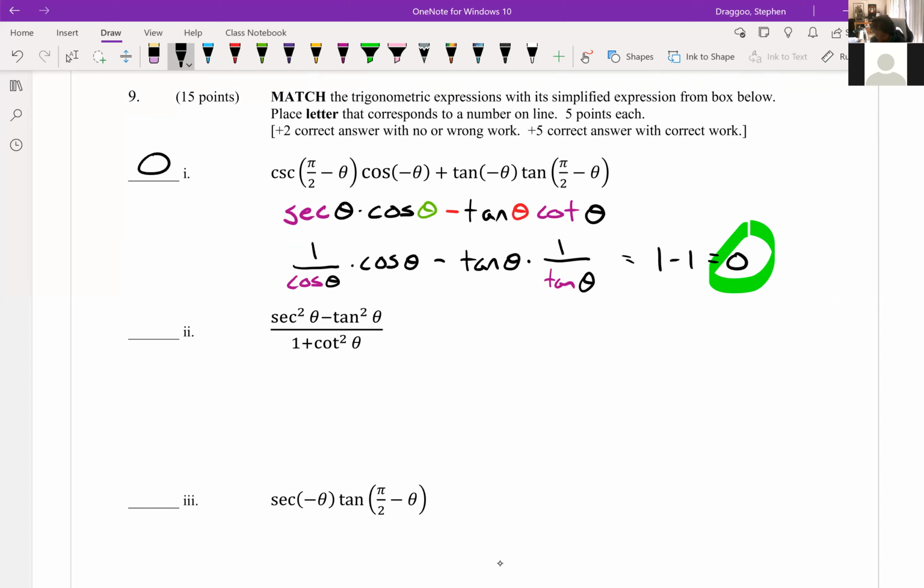All right, up next. Looks like we've got a few Pythagorean identities going on. So if I look at that thing, 1 over secant squared minus tangent squared, that's a Pythagorean identity. It's equal to 1 over 1 plus cotangent squared, which is cosecant squared.